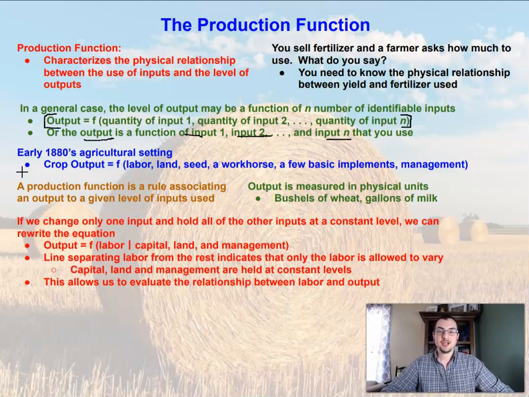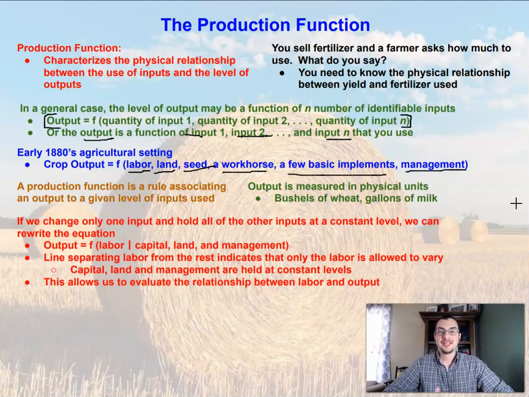So let's talk about a crop output in possibly the early 1880s, before a lot of technological advancements came out. The amount of output that you produced was a function of labor, because that was an input, the amount of land that you used, the amount of seed that you used, a workhorse that you used, maybe a few basic implements, and then management.